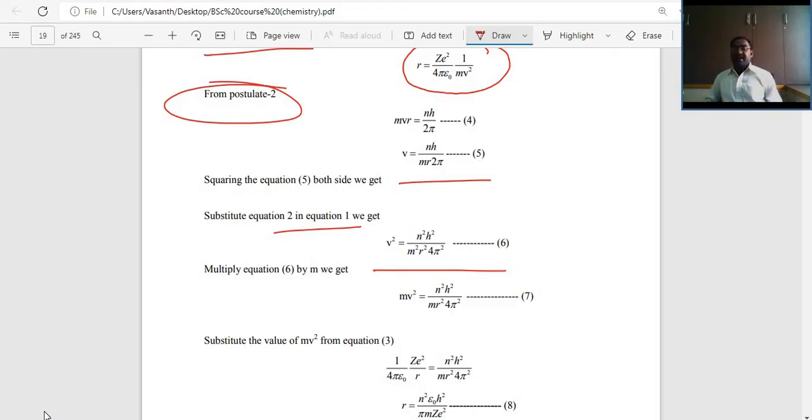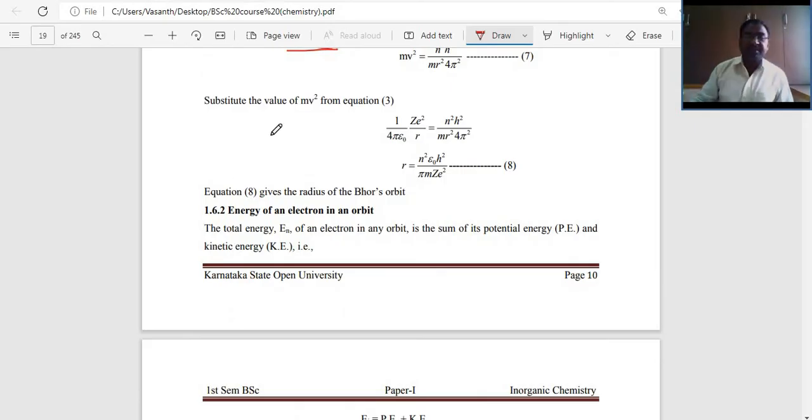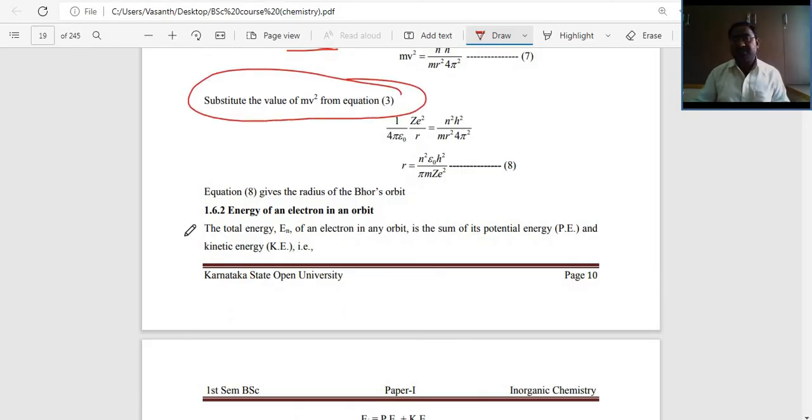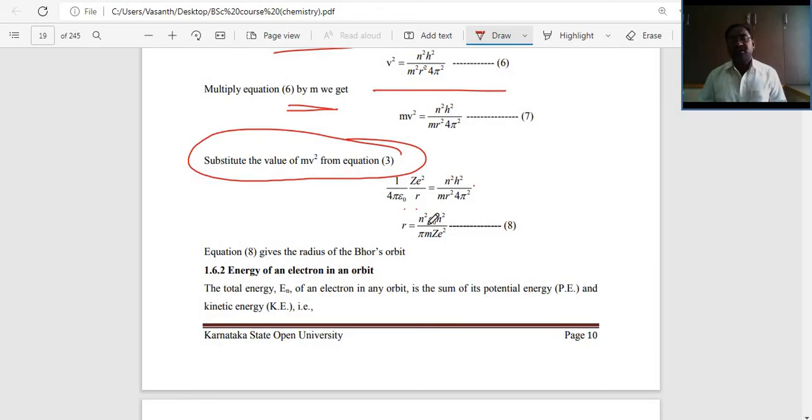Multiply equation 6 by m, so mv square is equal to n square h square by m r square into 4 pi square. Substitute the value of mv square from equation 3: 1 by 4 pi epsilon naught into Ze square by r is equal to n square h square by m r square 4 pi square. Here r is equal to n square epsilon naught h square by pi m Ze square. This is the radius of the Bohr orbit.